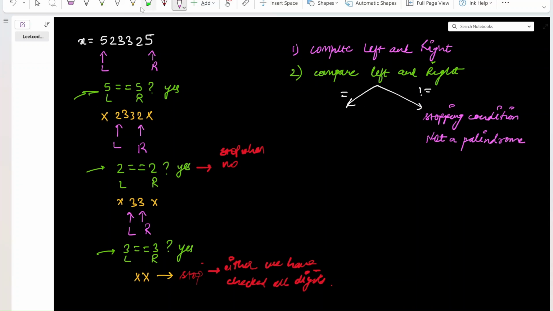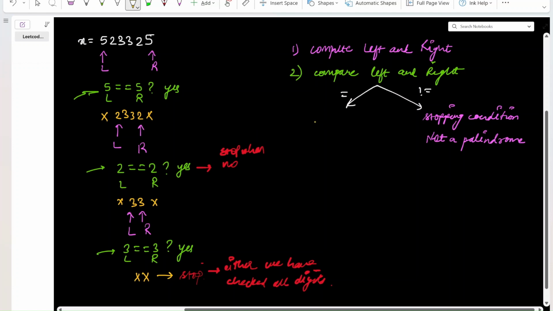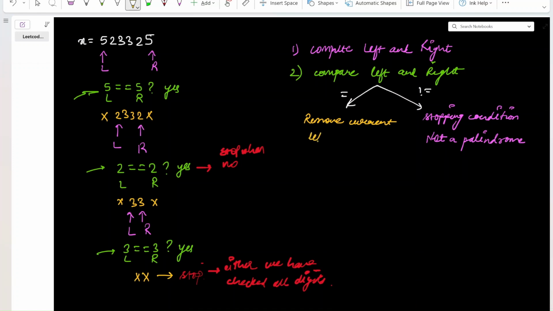If they are equal though, then we need to remove the current left and right digits. So there was 5 over here, so we were removing 5. We have checked 2, so we were removing 2 from these places, 5 from these places. So that's what we have to do.